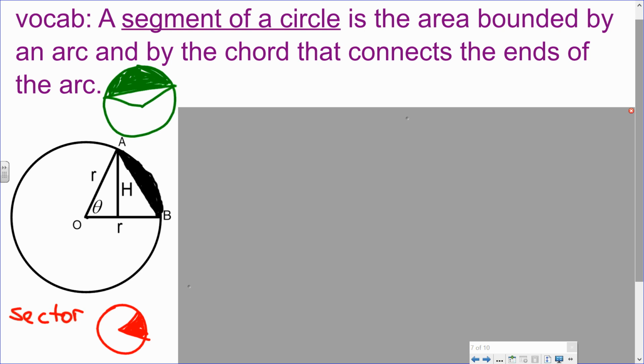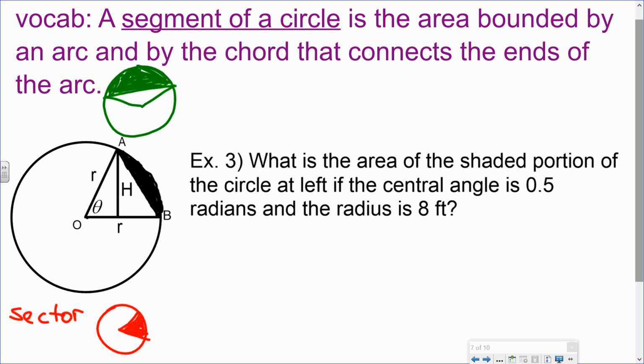That's going to give me the area of the piece of pie, of the sector. So how about our strategy is we want to get the sector minus the triangle? Everybody comfortable with that as our strategy? So the area of the segment will be the sector minus the triangle.